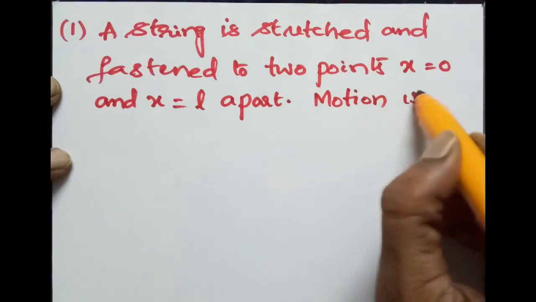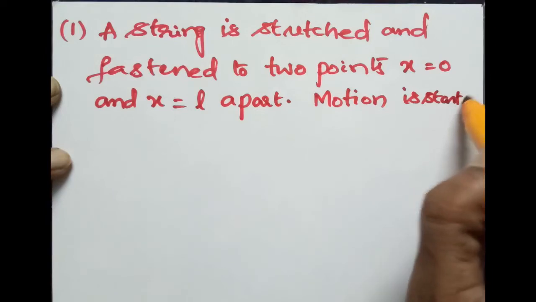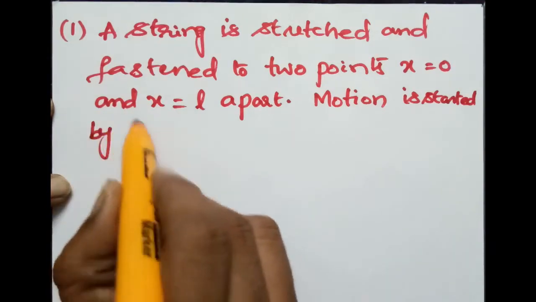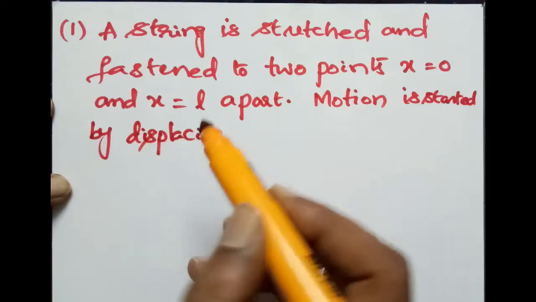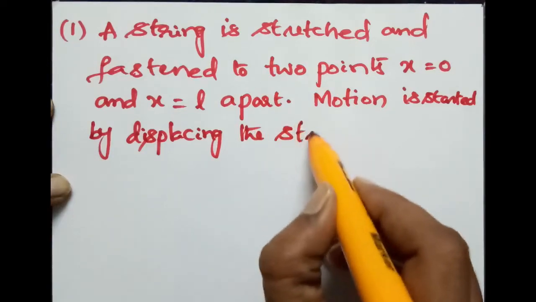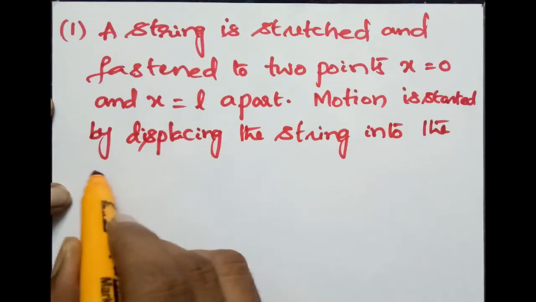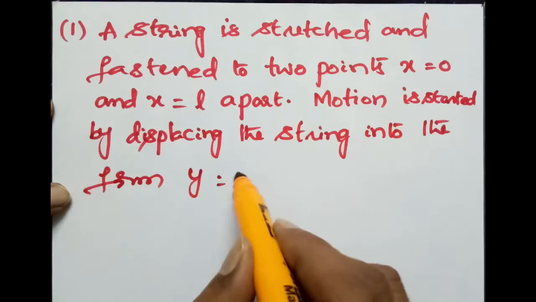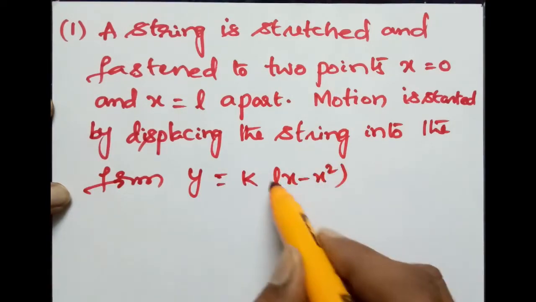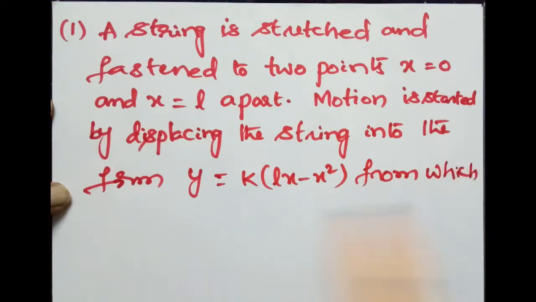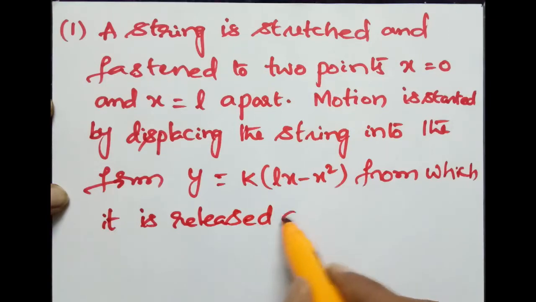Motion is started by displacing the string into the form y is equal to k into (Lx minus x square), from which it is released at time t equal to 0.